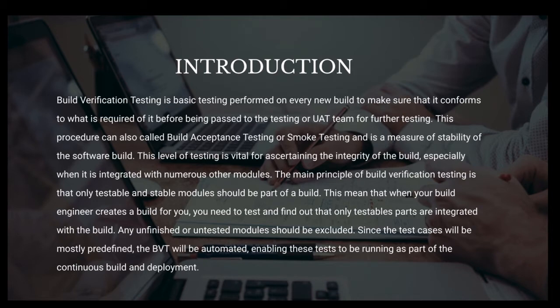But if we include automation as part of BVT, it will be very helpful, because whenever we receive the build as part of CI/CD, we can test the stability of the build by running the automation test scripts on it. It's a very good thing. It's a time saving thing.